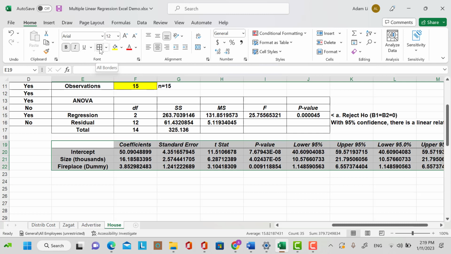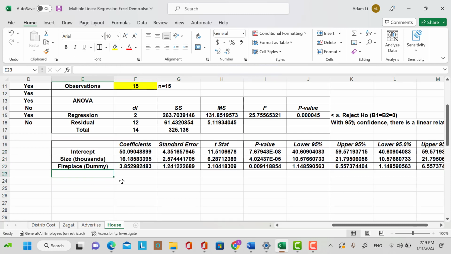So now let's state a multiple linear regression model.